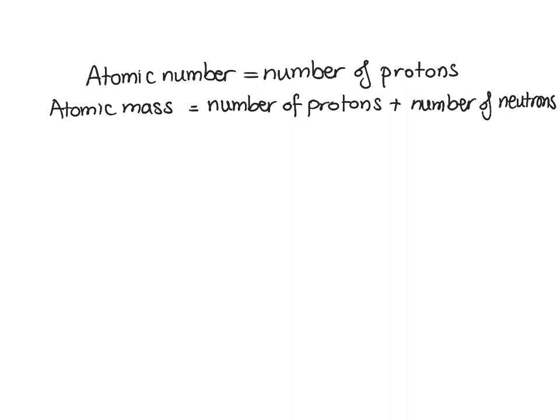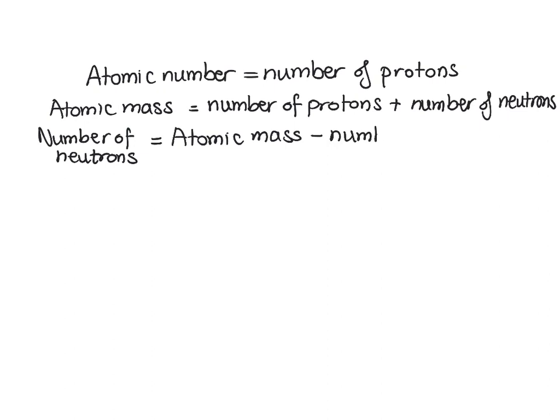And if we rearrange that equation, we can find the number of neutrons if we calculate the atomic mass minus the number of protons. The second and third equation are really the same. It's just presented in two different ways. The third equation is just the second equation rearranged.